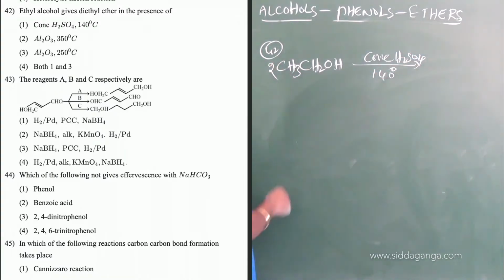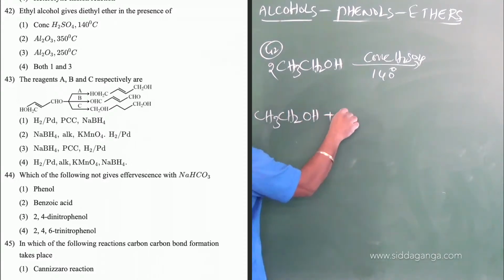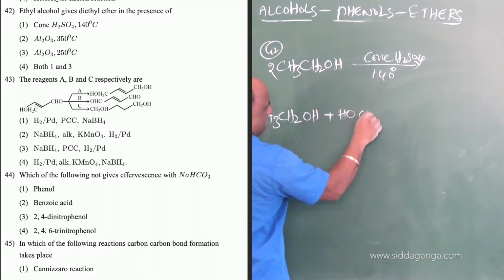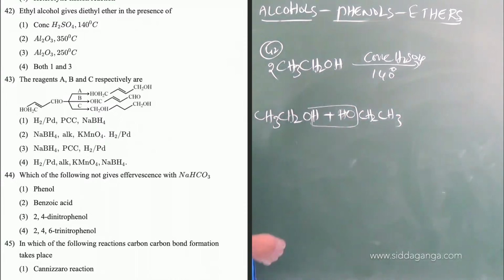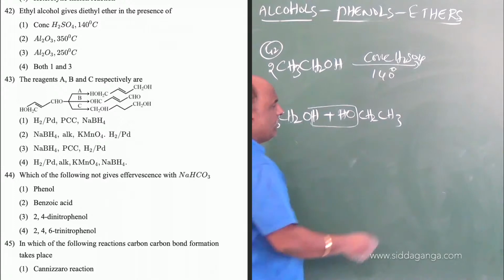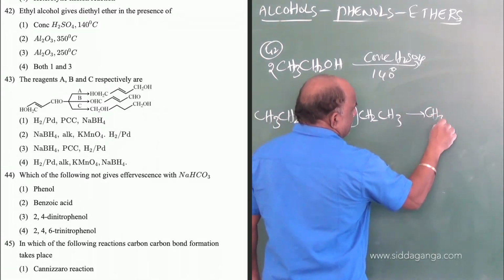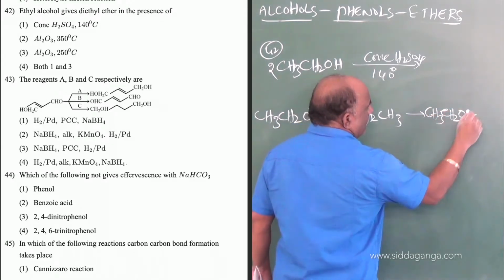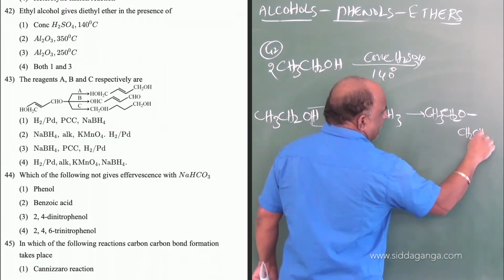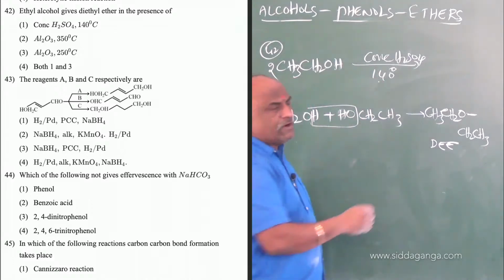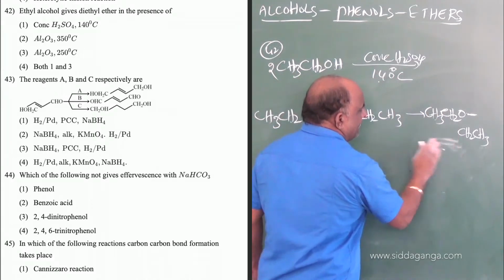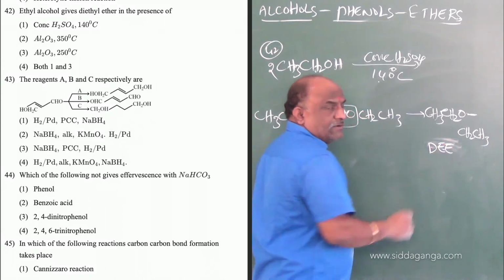We require 2 molecules of ethyl alcohol: CH3CH2OH and HOCH2CH3. Eliminate water from this, and the compound is CH3CH2OCH2CH3. This is diethyl ether. The reaction takes place at 140 degrees centigrade, so diethyl ether is the right answer.